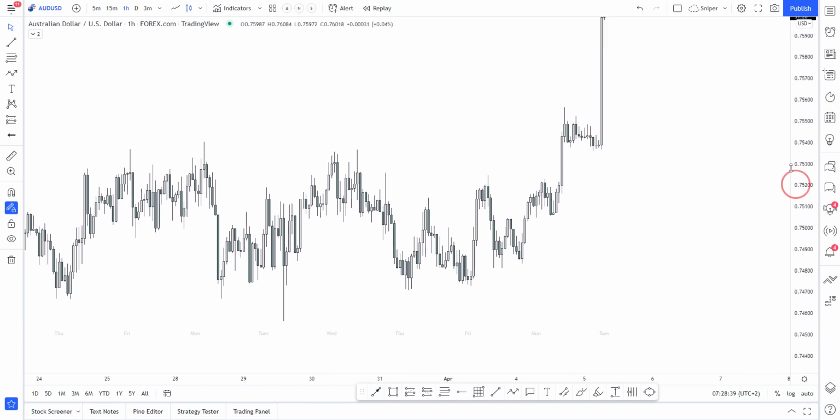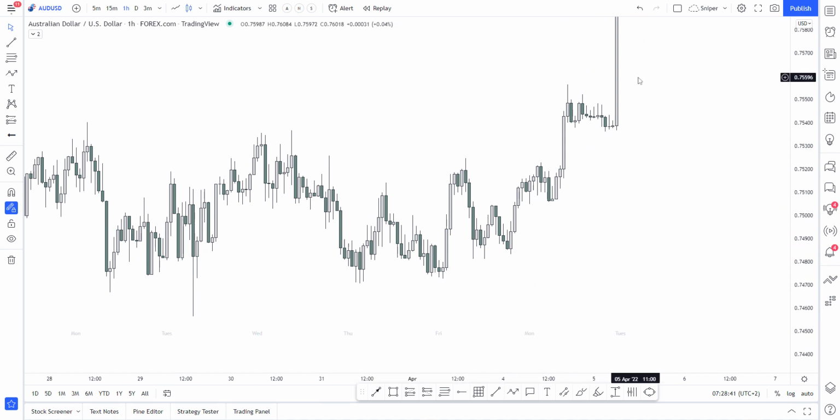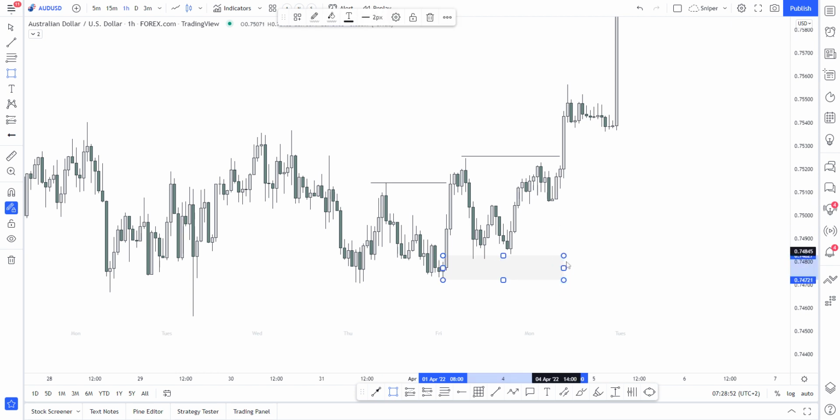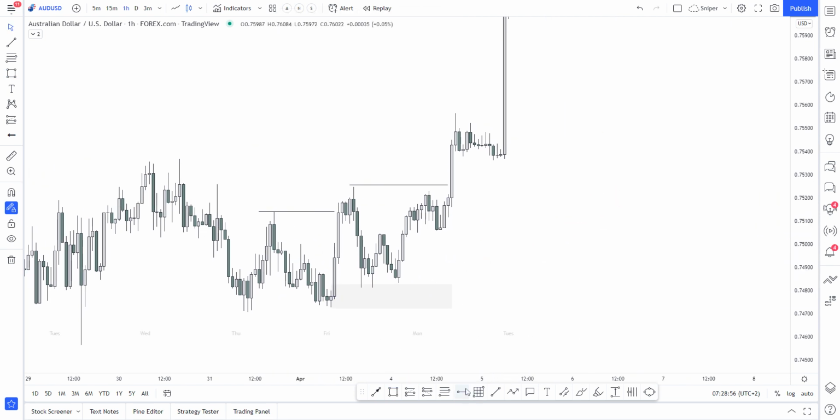What we can just have a look at is how price laid up, how price came to this area. We can see we had this one breaking structure, price moving up higher, and price respecting the bullish order flow, and then price started to make shallower pullbacks, if that's even a word.